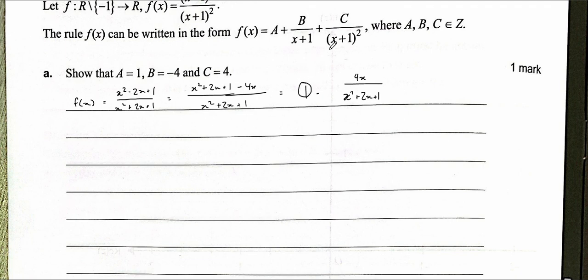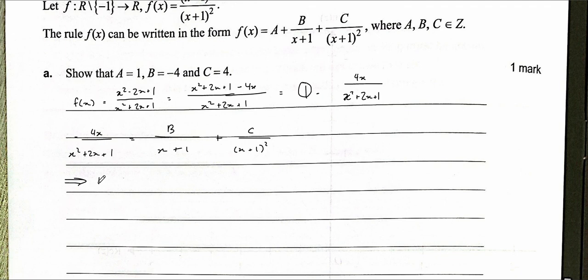Now to show that b equals negative 4 and c equals 4, we have to use some partial fractions. So let negative 4x over x squared plus 2x plus 1 equal b over x plus 1 plus c over x plus 1 squared.